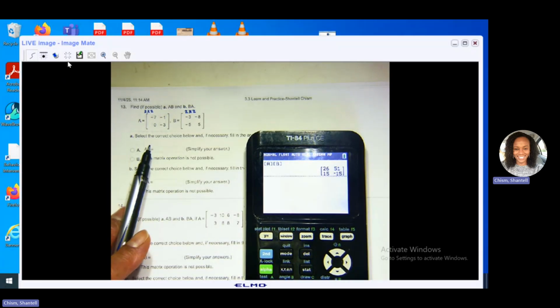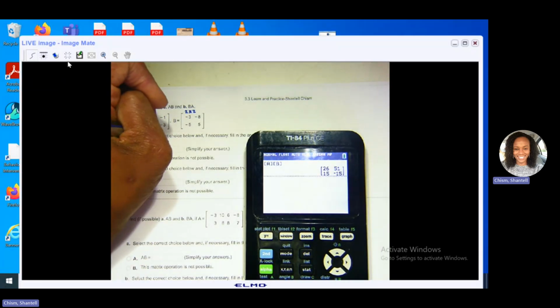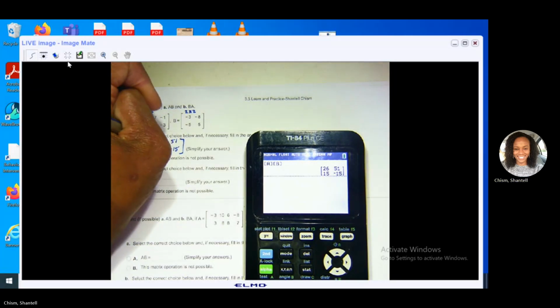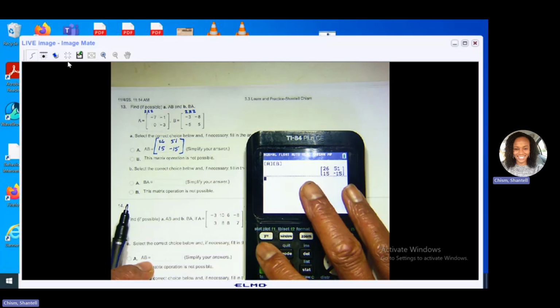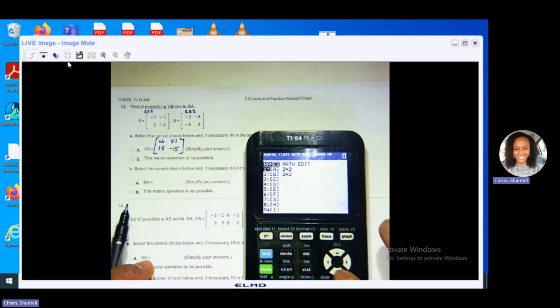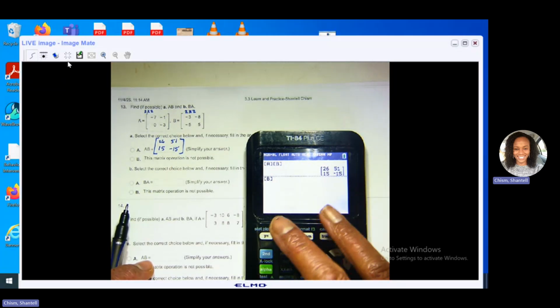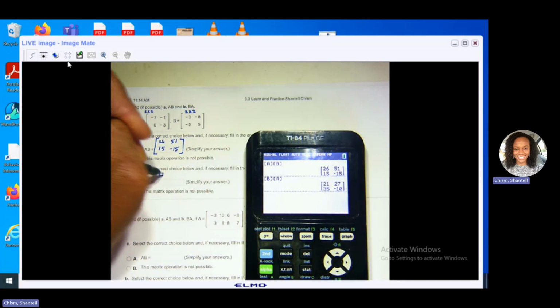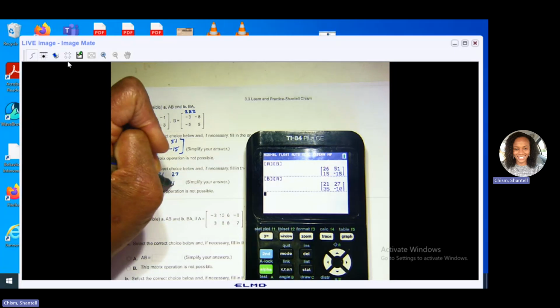AB, we've got 26, 51, 15, -15. And then BA, second matrix, B first, and then second matrix, A. You can see how the order matters: 21, 35, 27, -10.